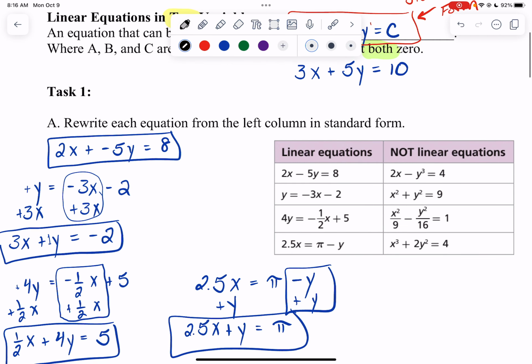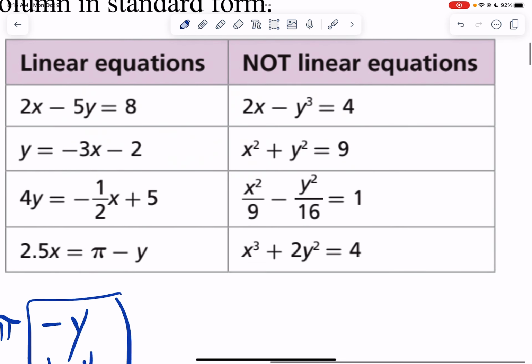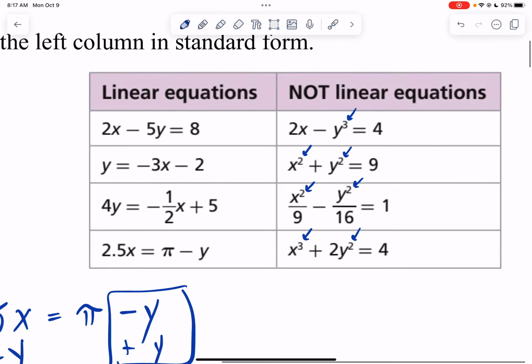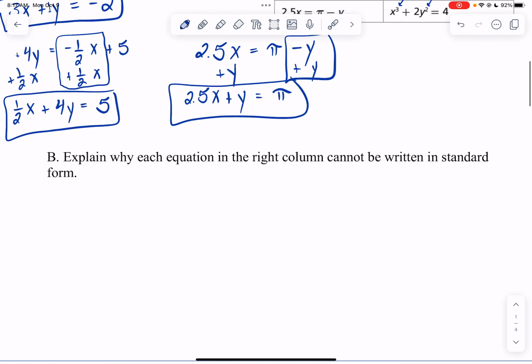If you look at each of these, here this y has an exponent of 3. Here, my x and y both have exponents. Here, my x and y both have exponents. Here, my x and y both have exponents. So explain why each has variables with exponents other than 1.